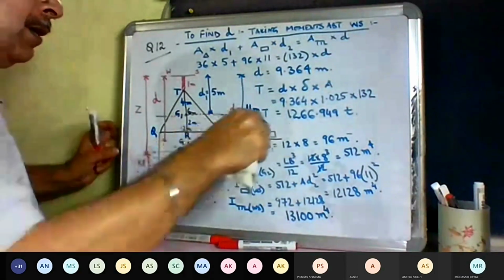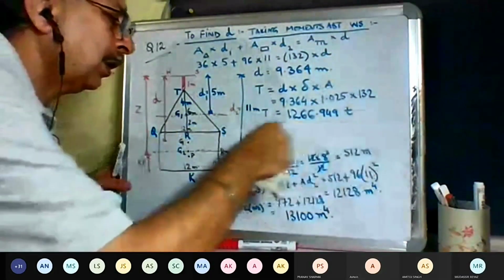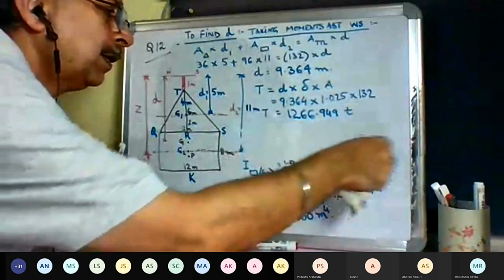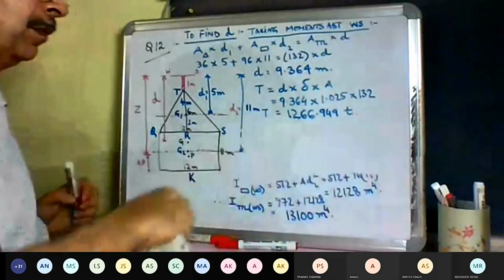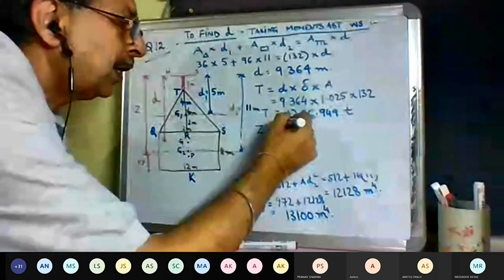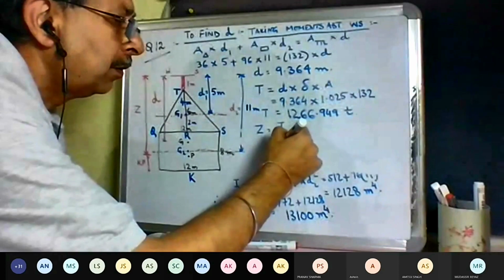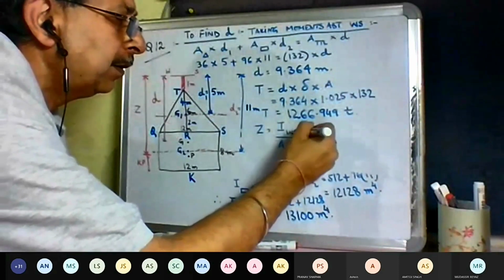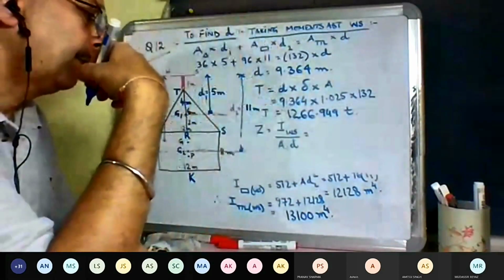Now we come to the second part of the question, that is find out the KP. Sorry, so Z. Z is equal to IWS over AD. Now we are talking about the full shape.